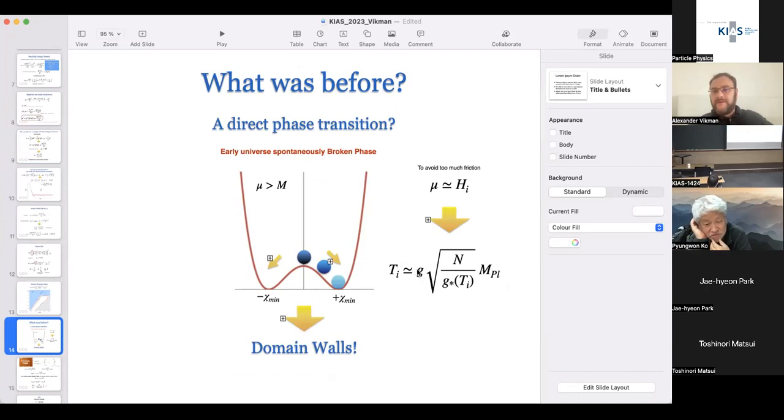And here, if the G is 10 minus 18, then basically this becomes, roughly speaking, GeV. So it's not great, because this is for direct phase transitions, and the inverse one happens later. So therefore, this would be a bit on the edge. Or you would need to increase N and then play this game, but that's maybe a bit too much.